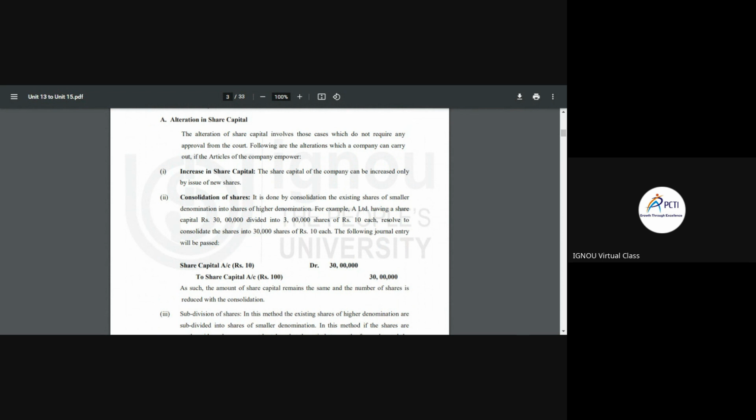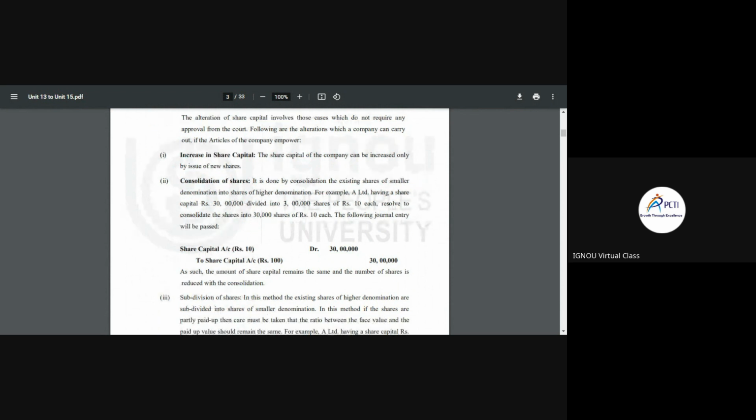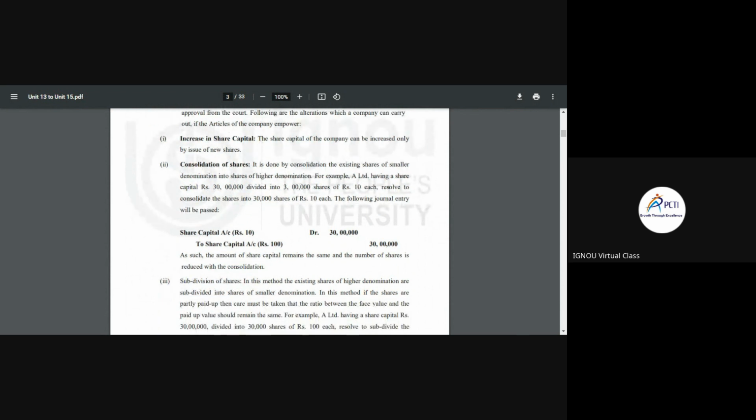Next one is to consolidate shares. It is done by consolidation of existing shares of a smaller denomination into shares of higher denomination. For example, A Limited has a share capital of rupees 30 lakh divided into 3 lakh shares of rupees 10 each, and they resolved to consolidate the shares into 30,000 shares of rupees 100 each.